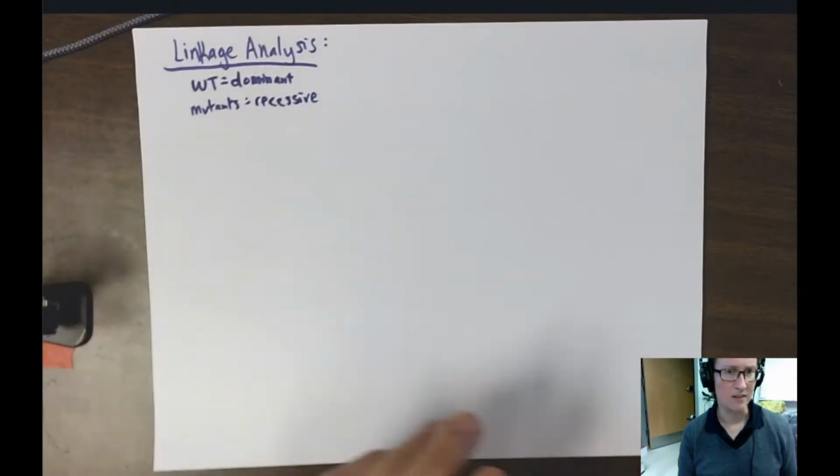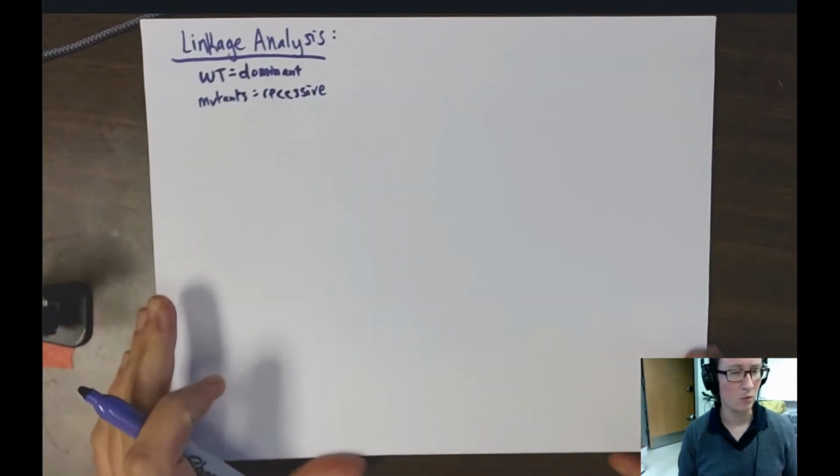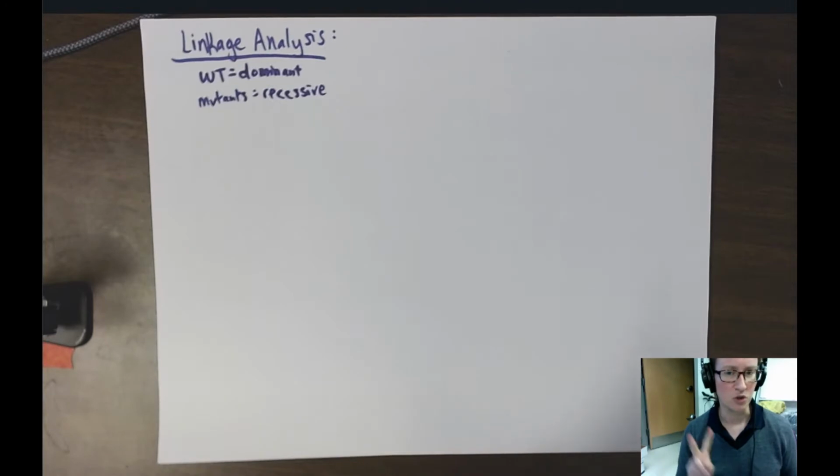So in these analyses, we're going to be examining what happens to two genes simultaneously to test the hypothesis that the genes are linked. Or actually, we're going to test the statistical hypothesis that the genes are not linked, kind of our null hypothesis, okay?